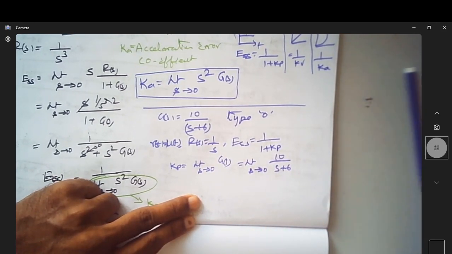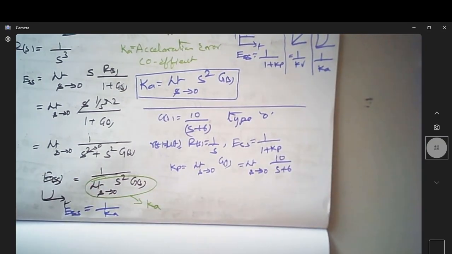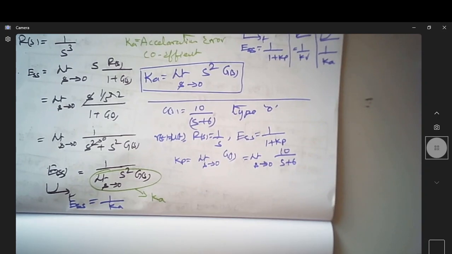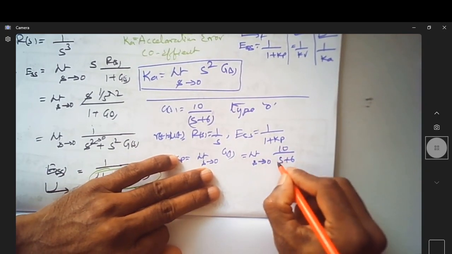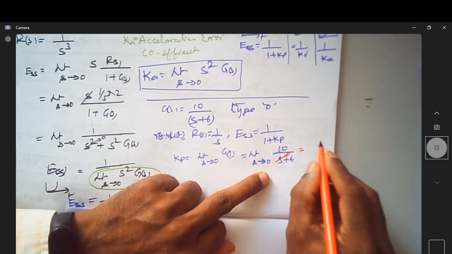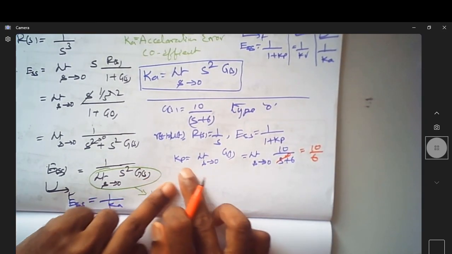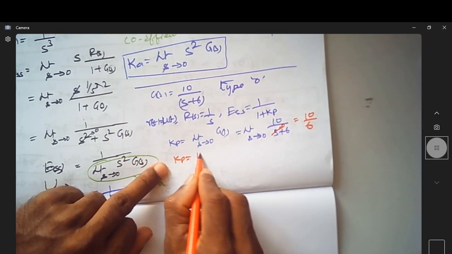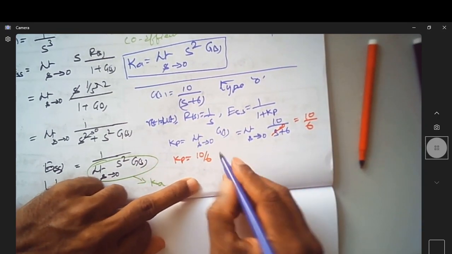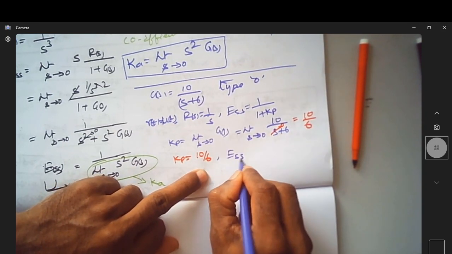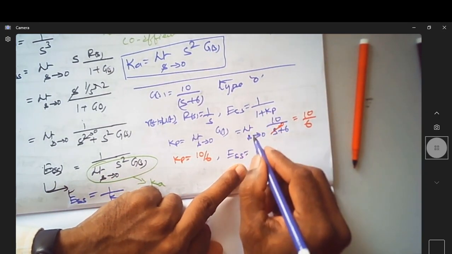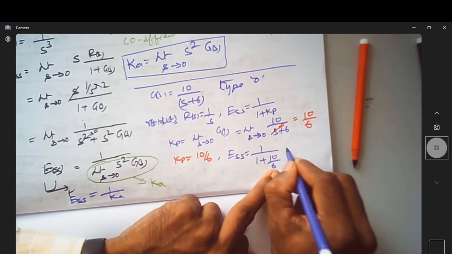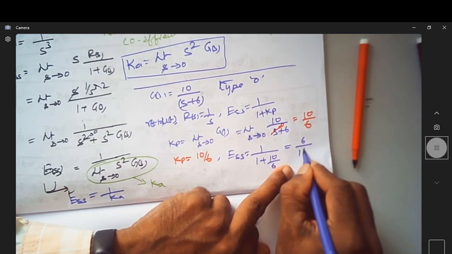Applying the limit of s tending to 0, s becomes 0, so this becomes 10 by 6, which is my KP. So KP is equal to 10 by 6. So ESS now is equal to 1 over 1 plus 10 by 6, which will be 6 by 16.